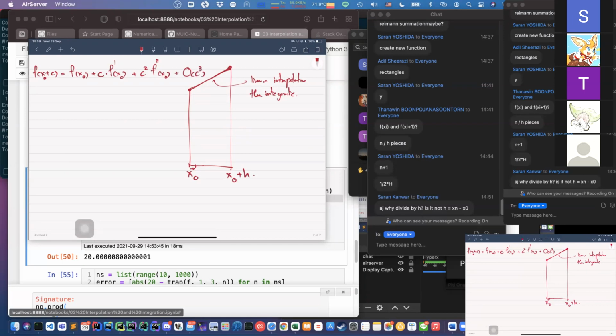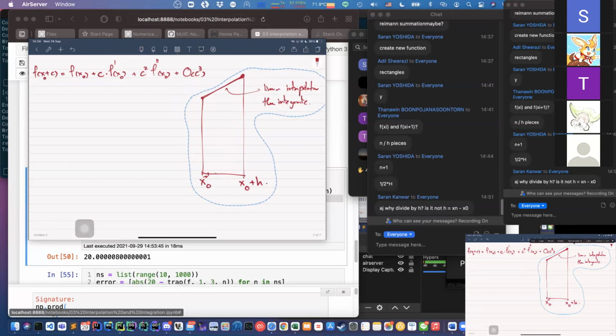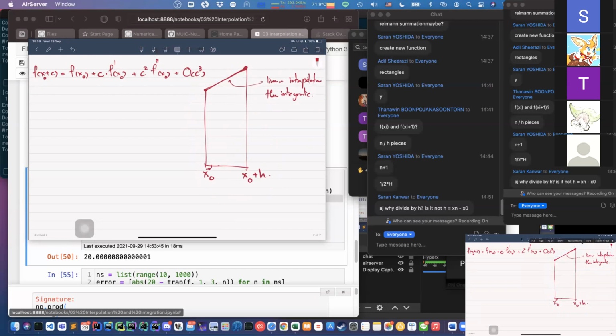This is hand waving. The exact formulation, which requires something a lot more hardcore, is in the lecture notes.